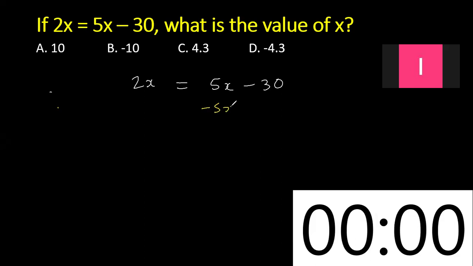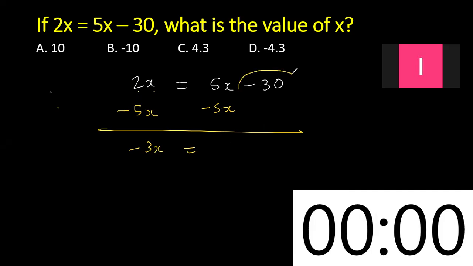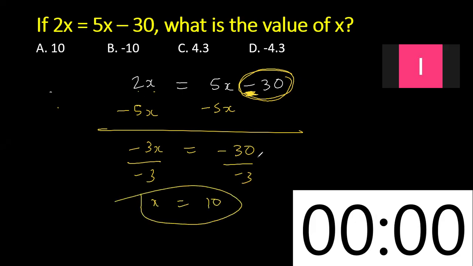Subtract 5x from both the sides. 2x minus 5x is negative 3x equals 5x minus 5x, 0. Remember, you guys have to take the sign in the left hand side of the number. Now I see my mistake. So divide both the sides by negative 3 now. This negative 3 will get cancelled. X will be equal to positive 10. Negative 30 by negative 3 is positive 10.